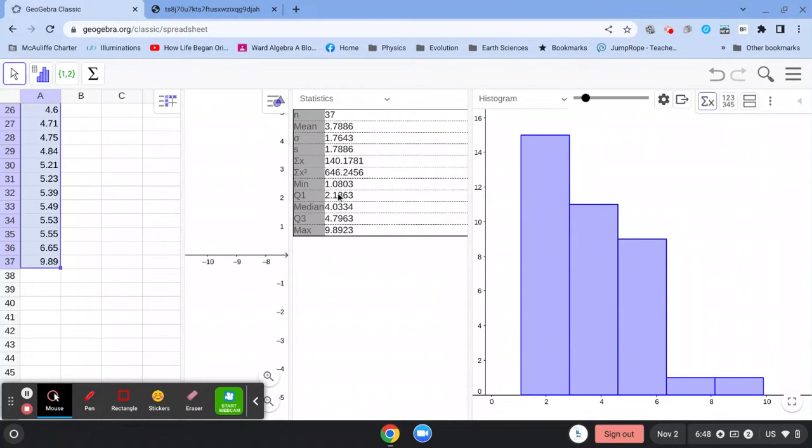And that's the lower median. And then quartile 3 is the upper median. So that's these right here. These 5 are your 5-number summary. And there's your mean, and there's your standard deviation. And if it were a standard deviation of a sample, it's that.